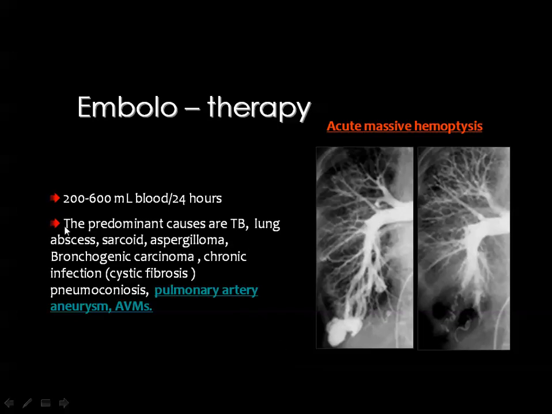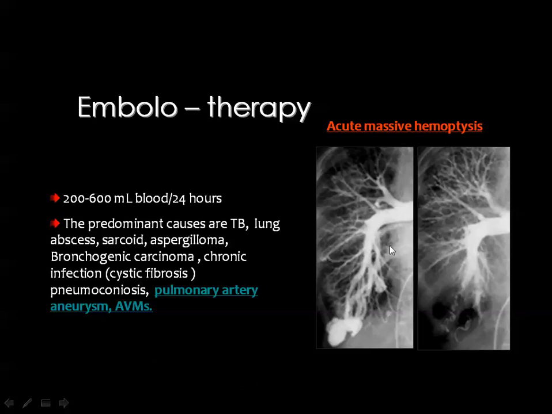And these are the causes like TB, lung abscess, sarcoid, aspergilloma, bronchogenic carcinoma, chronic infection, cystic fibrosis, pneumoconiosis. And in these conditions, if there is bleeding for a reason or another, then we may introduce our catheters to occlude the bleeder.